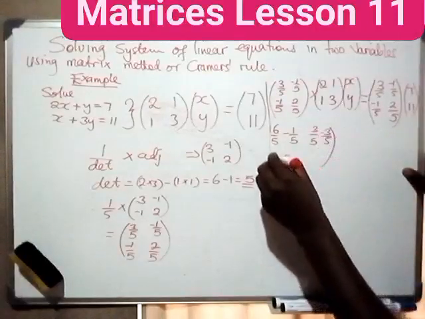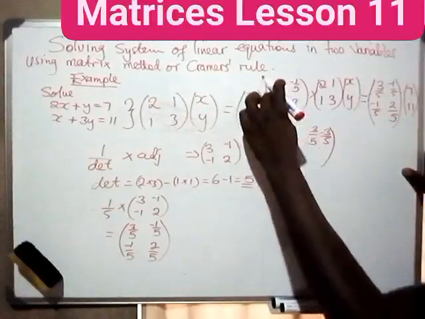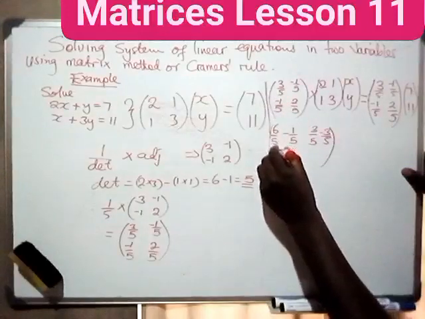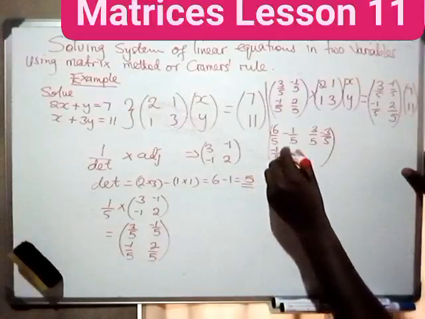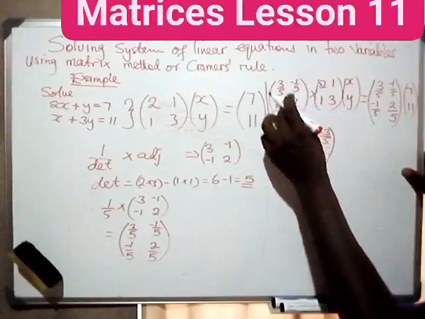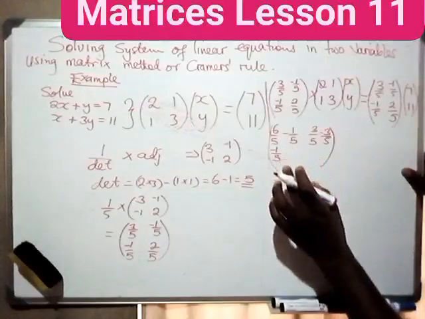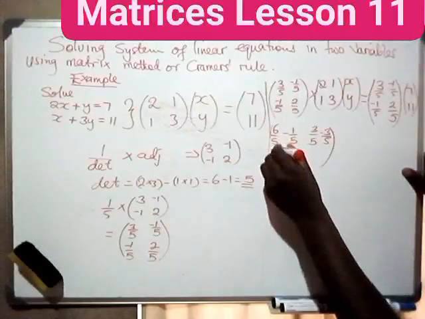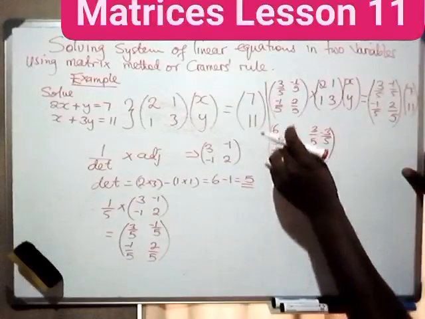We are done. Then now we come down here. Negative 1 over 5 multiplied by 1, we are going to have negative 1 over 5, no, not multiplied by 1, but multiplied by 2. So we are going to have negative 2 over 5.